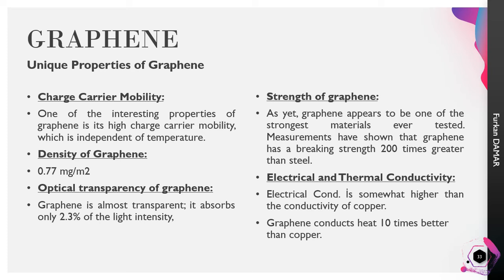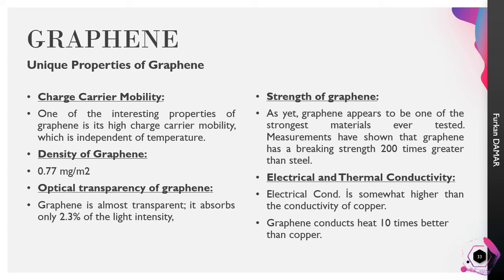And here are some unique properties of graphene. Charge carrier mobility. One of the most interesting properties of graphene is its high charge carrier mobility, which is independent of temperature. And the density of graphene is quite low, it's 0.77 milligrams per meter square. And optical transparency. Graphene is almost transparent, it absorbs only 2.3% of the light intensity.